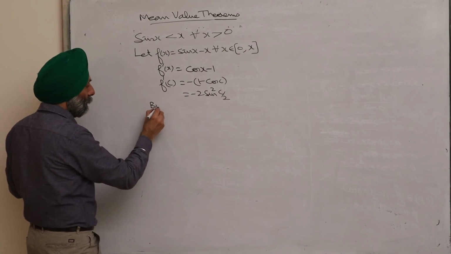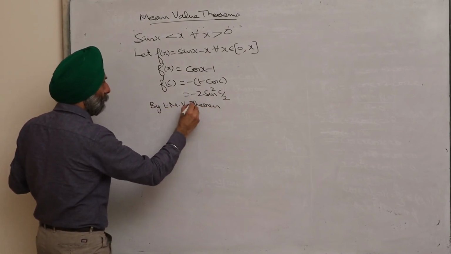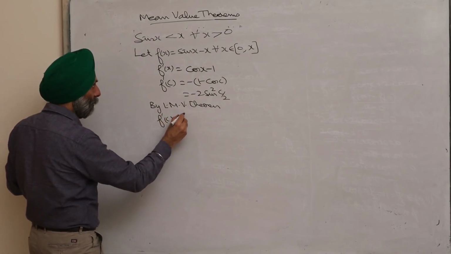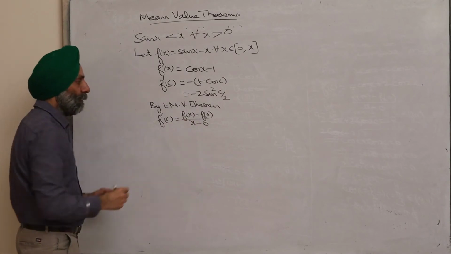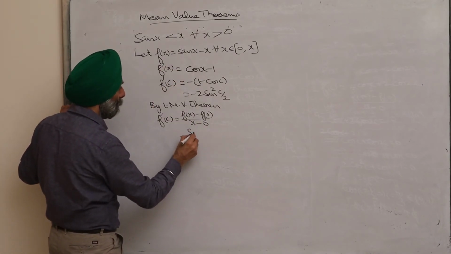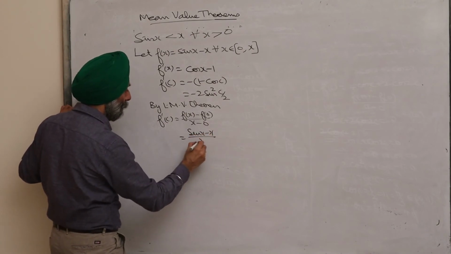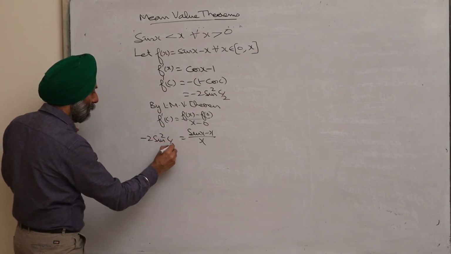Now by Lagrange's mean value theorem, you can see here f dash c is equal to f of x minus f of 0 upon x minus 0. So what is f of x? It is sin x minus x upon x. And what is f dash c? Minus 2 sin square c by 2.